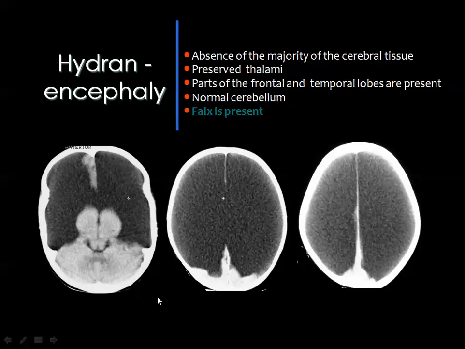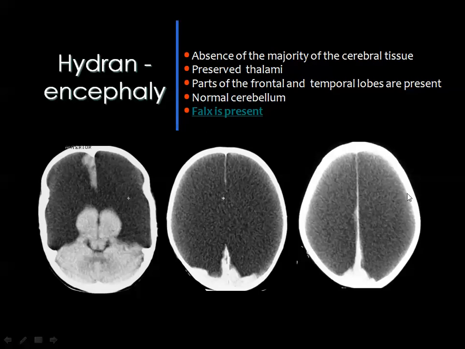Then we came to the second type, which is hydranencephaly, and in this disease there is absence of most of the cerebral tissue, and the basal ganglia are present, the thalami are present, parts of the frontal and the temporal lobes are also present, and the cerebellum is normal, and the falx, which is very important here, should be present.